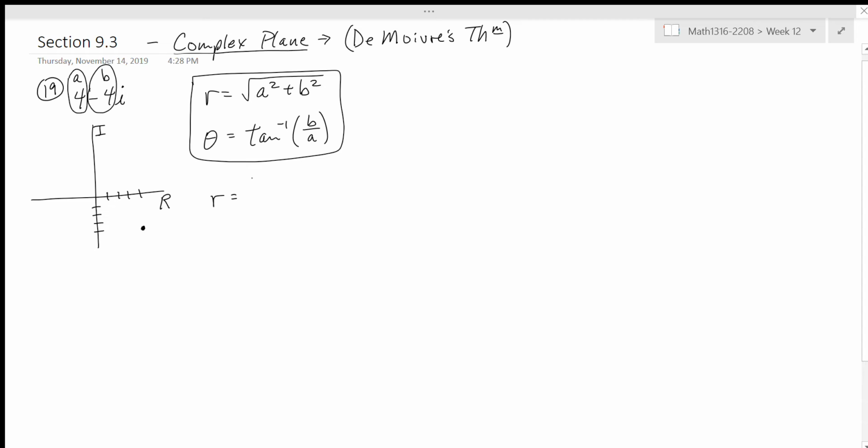That's going to be the square root of 4 squared plus negative 4 squared. And my guess is 4 square root of 2 if you write it in simplified radical form.